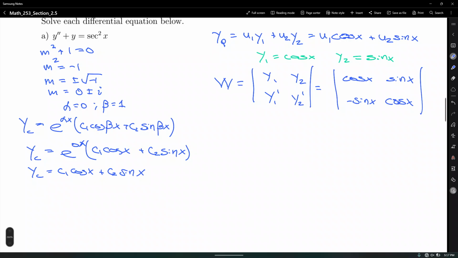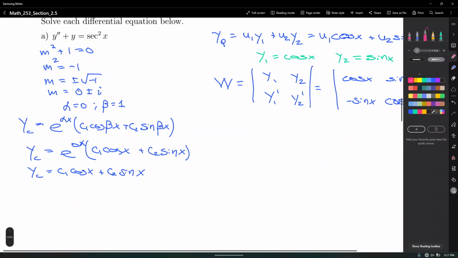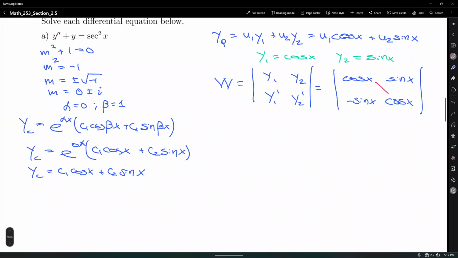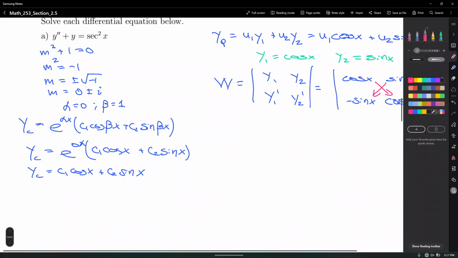Maybe you already took linear algebra or you're currently taking it, or you did it in college algebra, or in Calc 3. So it's the product of the elements along the main diagonal minus the product of the elements along the secondary diagonal.